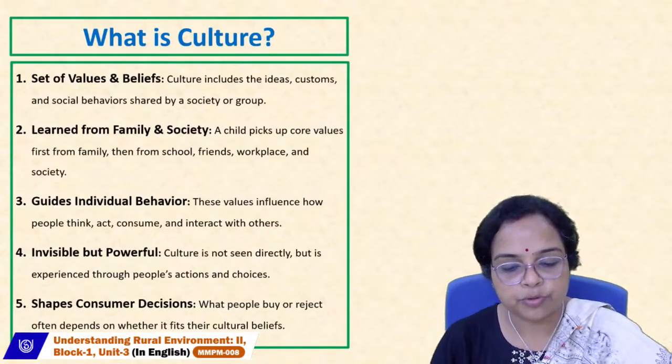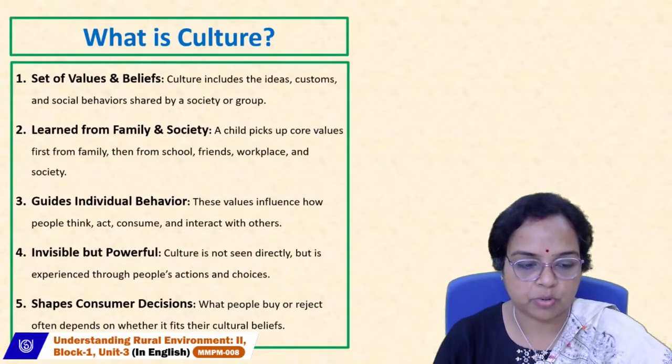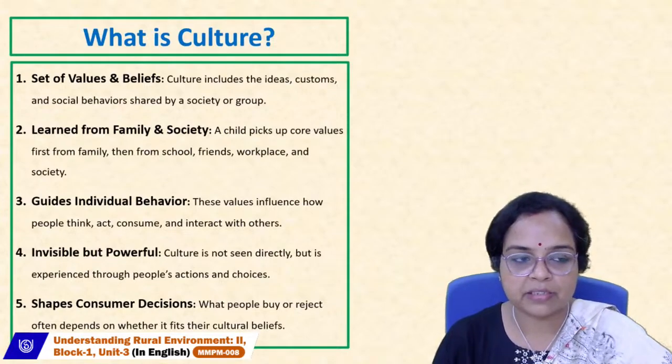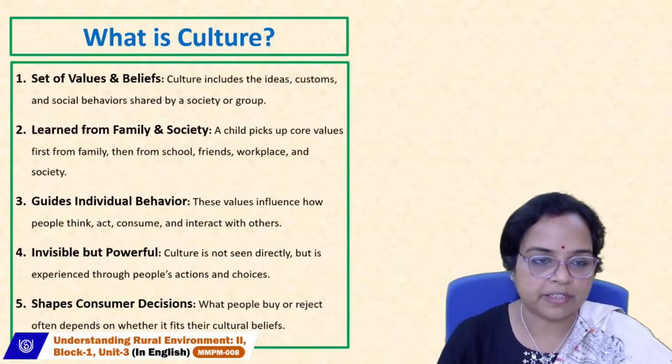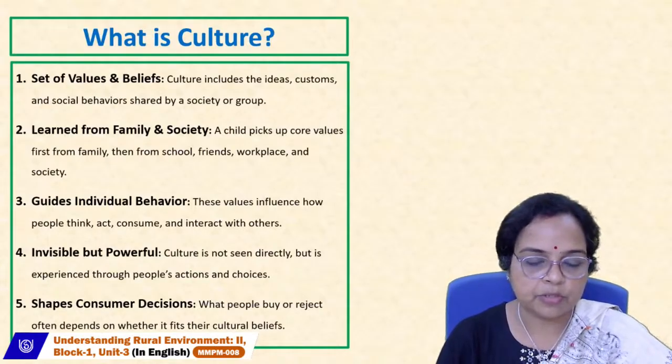Then slowly he moves to school. Then he understands this is the way to behave in school. This is the way to talk to the teachers. This is the way to discuss with friends. This slowly makes the component of culture for that particular child. Culture guides individual behavior. These values influence how people think, act, consume, and interact with each other.